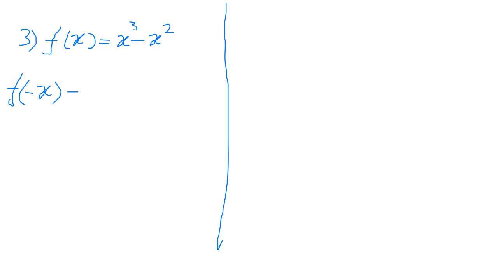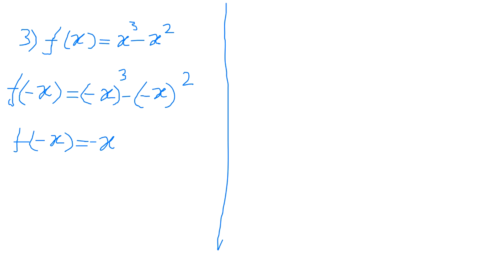So this is minus x power 3 and minus minus x power 2. So f of minus x equals minus x power 3, which is minus x power 3, and minus x squared, which is minus x times minus x, so positive x squared, and here there is a minus. So this gives minus x power 3 minus x squared, right? So look here, this is not the same as f of x.